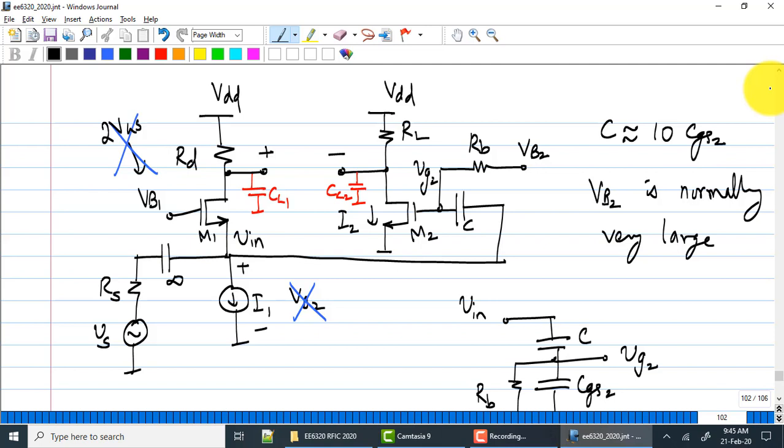CL1 and CL2 are not capacitors that you add. They are the capacitors of the input capacitance of the next circuit. Did I not specify that? CL1 and CL2 are load capacitances. They are the input capacitance of the succeeding circuit. I hope that answers your question. Does it? Okay. I hope it does.